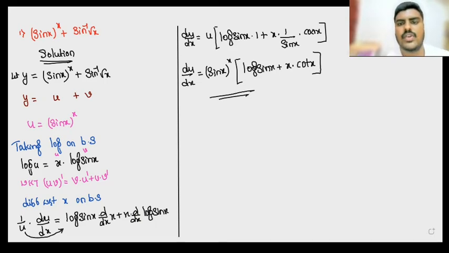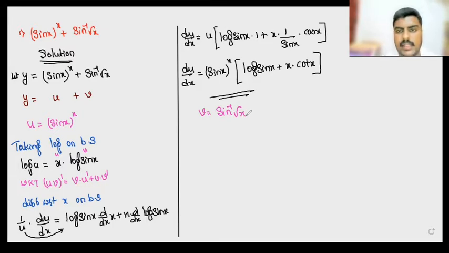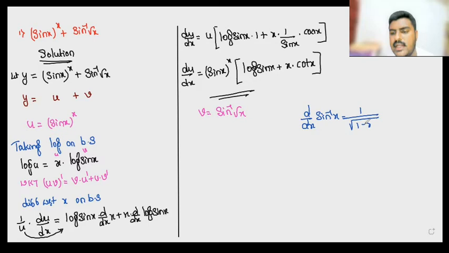Now take v. v equals sin inverse root x. We can use the direct formula: d/dx sin inverse x = 1 divided by root of 1 minus x squared. In this x place we have root x.